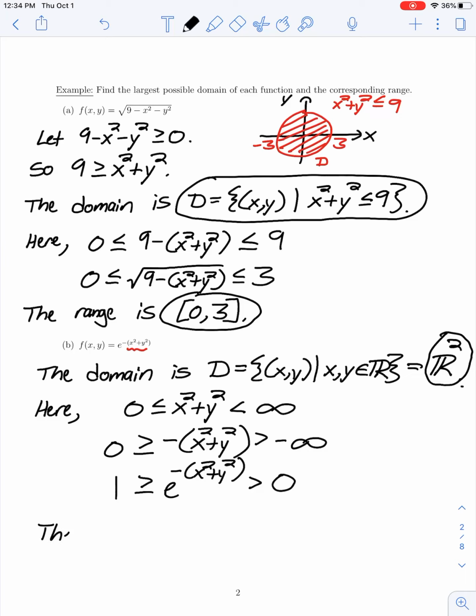So here we find that the range of this function would be the set of all numbers from 0 up to 1, including 1, but not including 0.